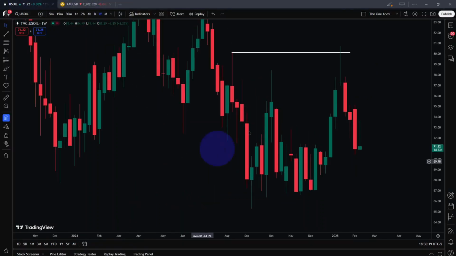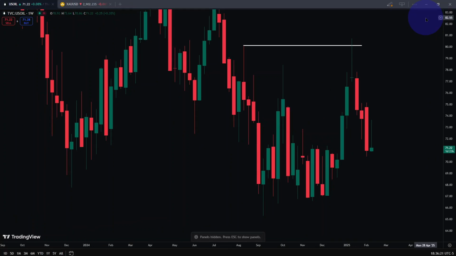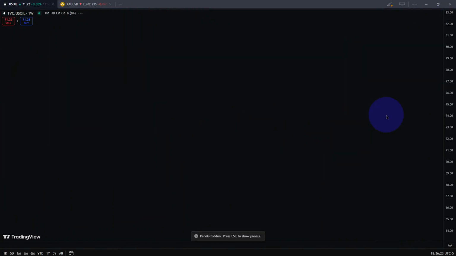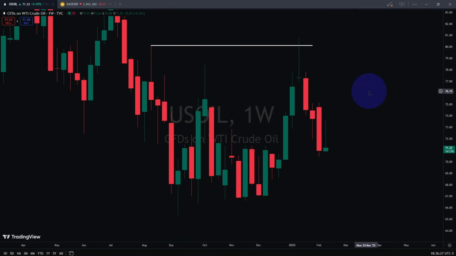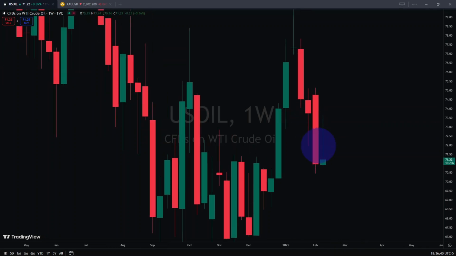So earlier this week on Monday, I was talking about US oil, and I went through the high time frames, 6 months, 3 months, monthly chart, and when we go to the weekly time frame, I was talking about how markets are likely to return to the low of this weekly candle.